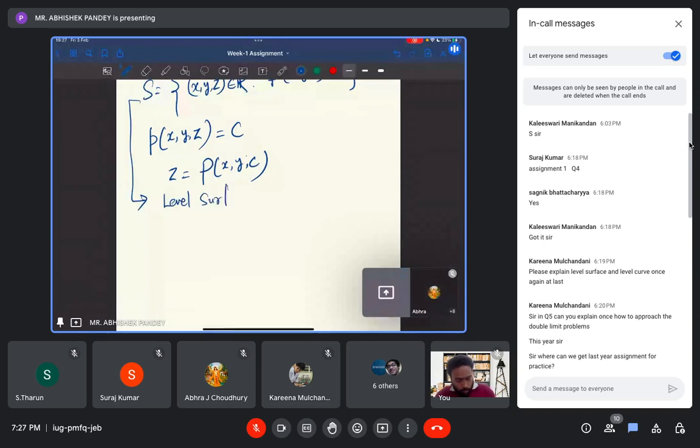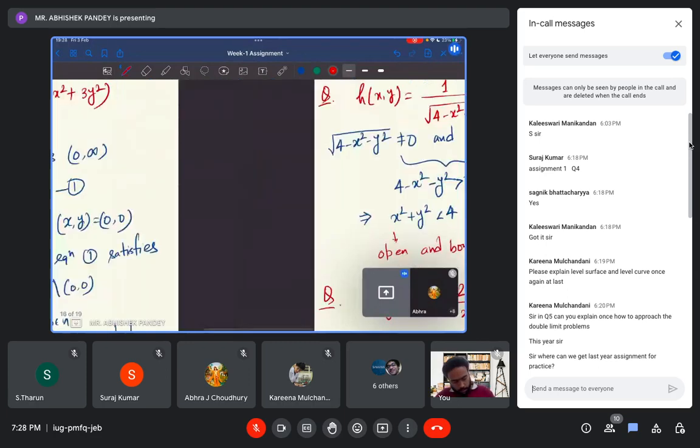Like if I talk about the function f of x comma y comma z equal to x square plus y square minus z, I have already mentioned this, I think.